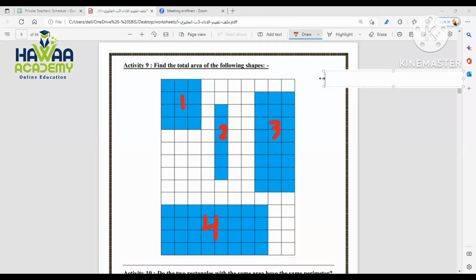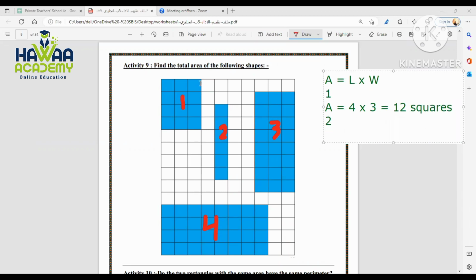I remember that the area equals length times width, right? So let's see shape 1: the area equals what? What is the length? It's 1, 2, 3, 4, times what? 1, 2, 3. So 4 times 3 will be 12 squares.